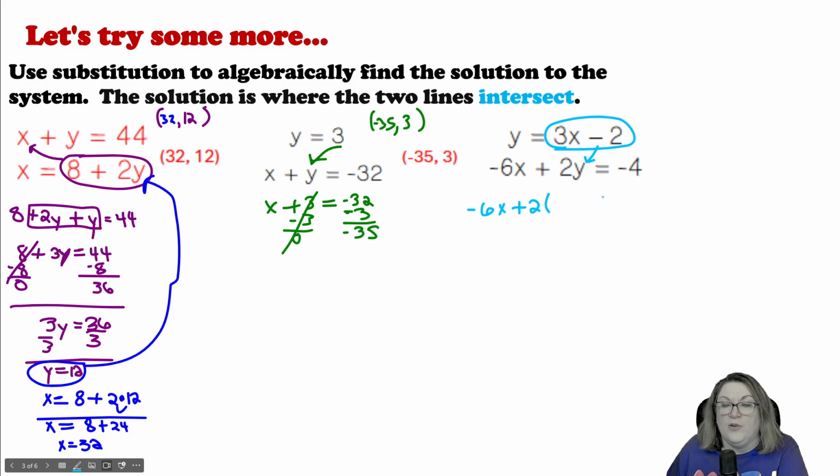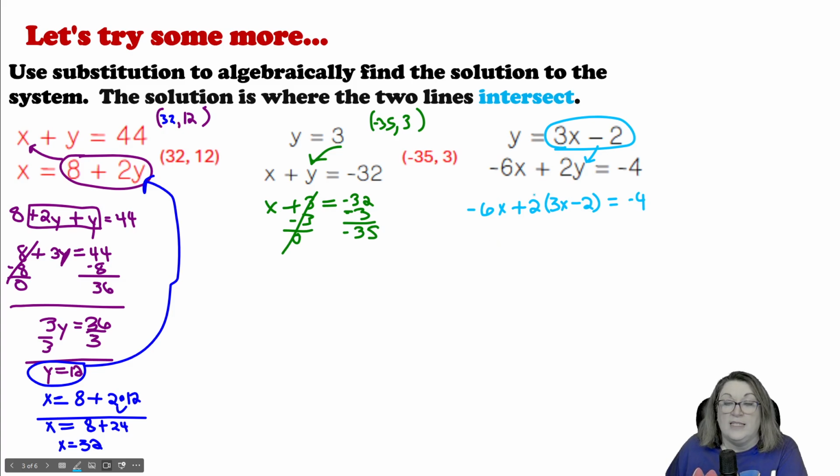So I'm putting it in a grouping symbol because I've got to multiply 2 times all of that. All right, and then we have negative 4 at the end here. Okay, so I took my y out and substituted it with all of that. Since that's a lot of numbers to multiply 2 times, we're going to put a grouping symbol there.